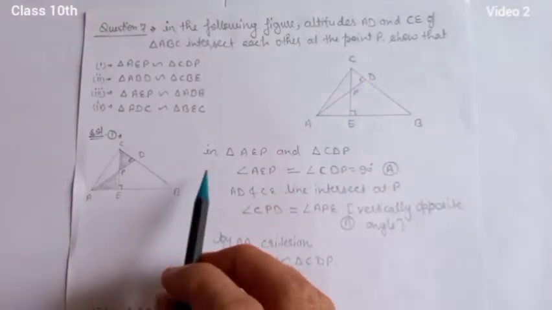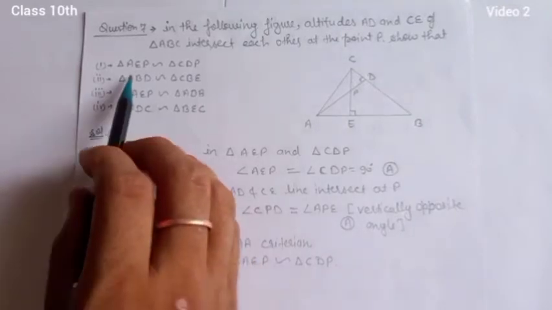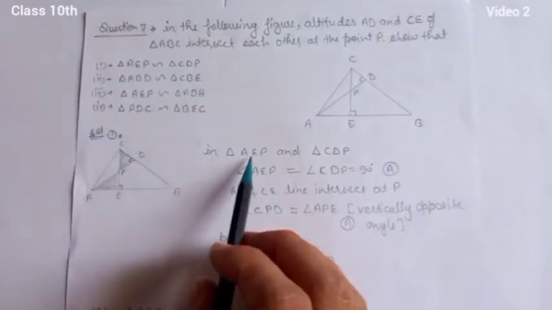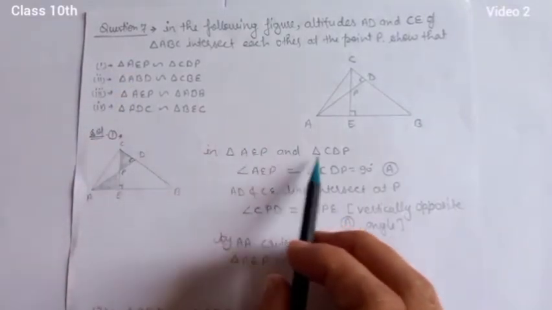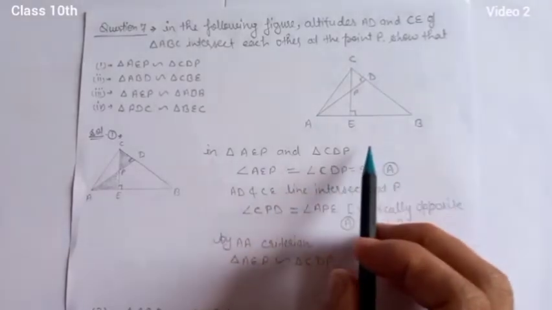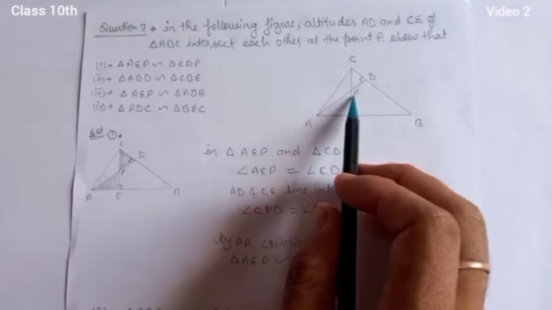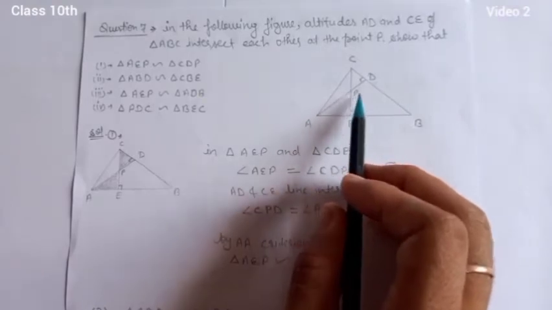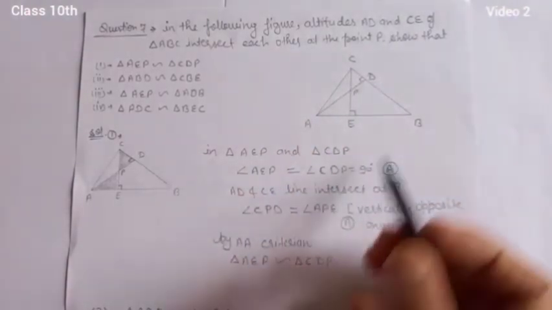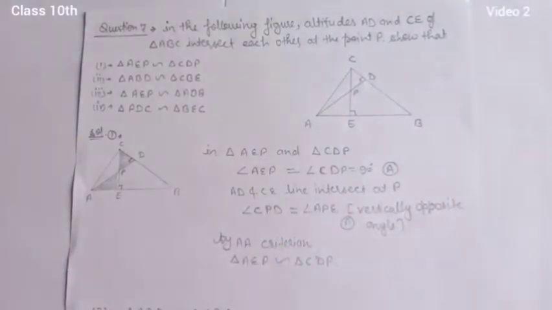So let's do the first part, in triangle AEP and triangle CDP. One more thing, student, both altitudes intersect at this point, that is P here. Here a copy of the same figure is drawn.